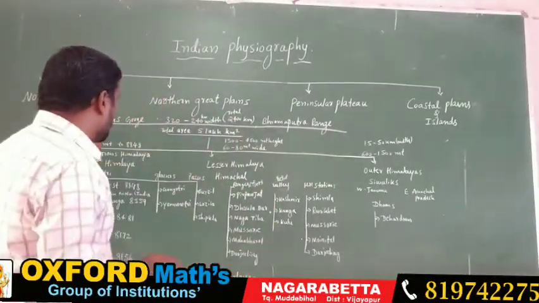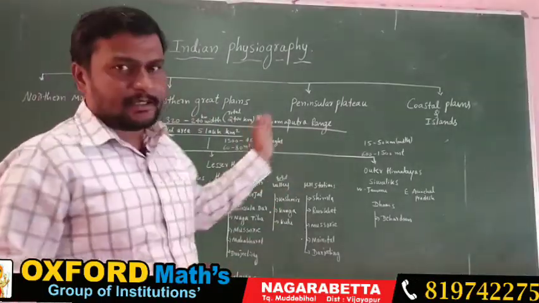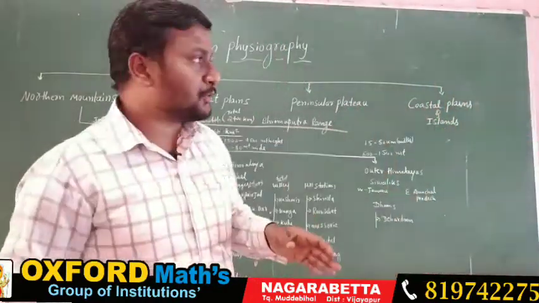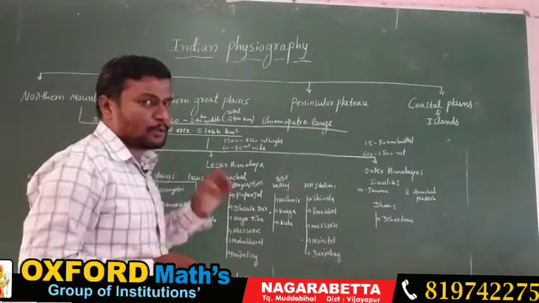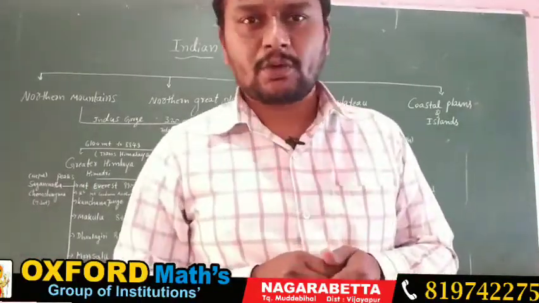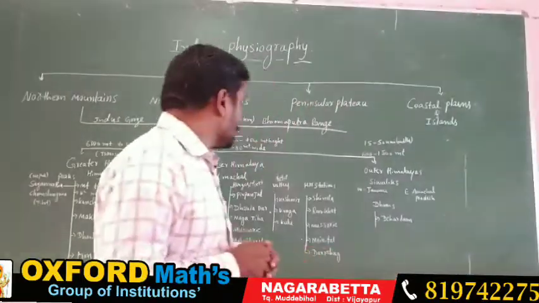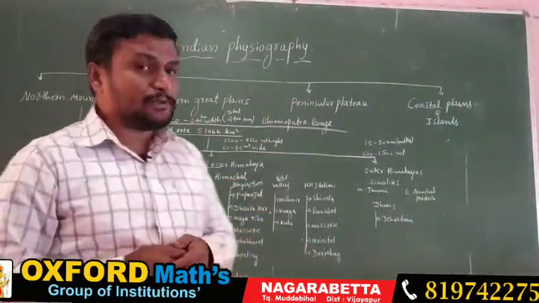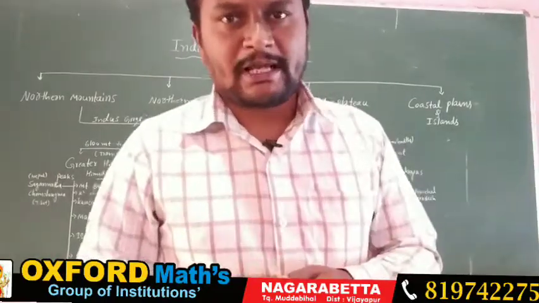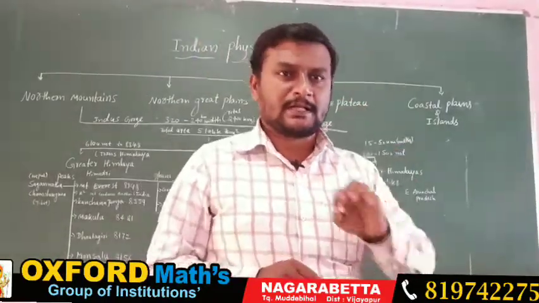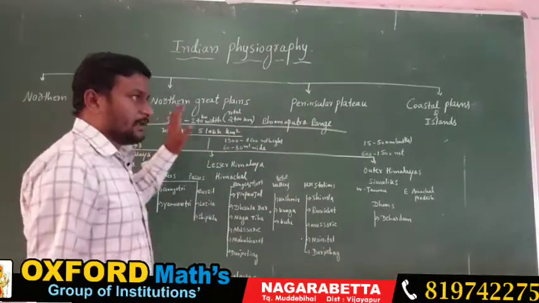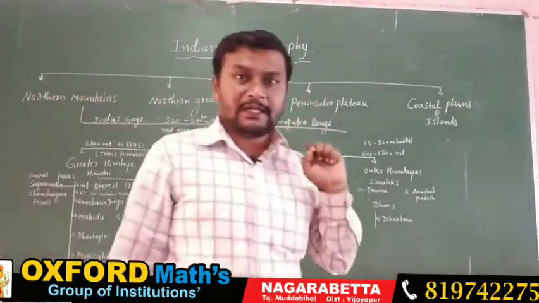But when you move to the west, the Indus River side, the width extends up to 320 kilometers. What is the total area the northern mountains cover? It is 5 lakh square kilometers. Like this, the northern mountains extend across the northern part of India.